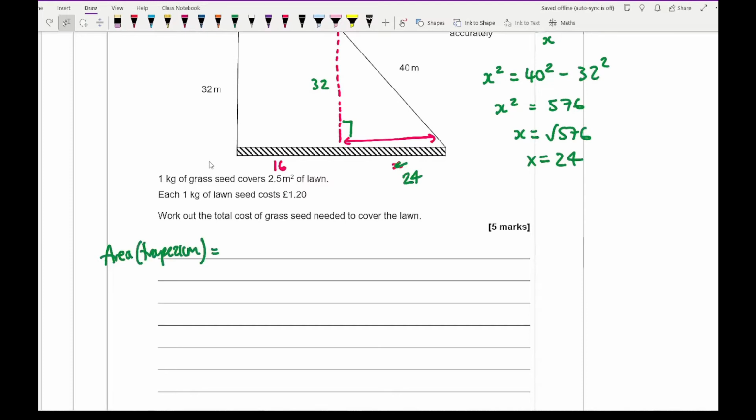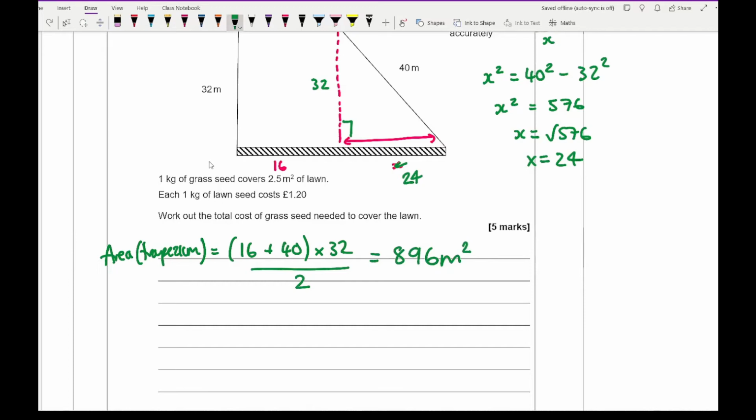So that's going to be the 2 parallel sides, which is 16 plus 24, which is 40. I then multiply that by the height, which is 32, and divide that by 2. And that gives me an answer of 896 meters squared.